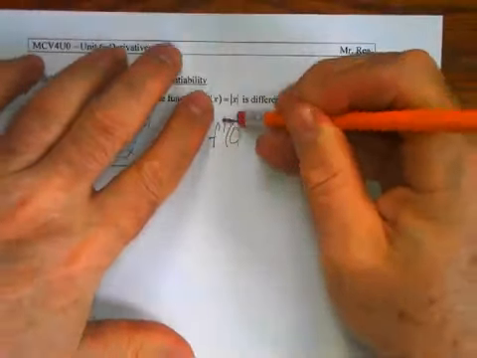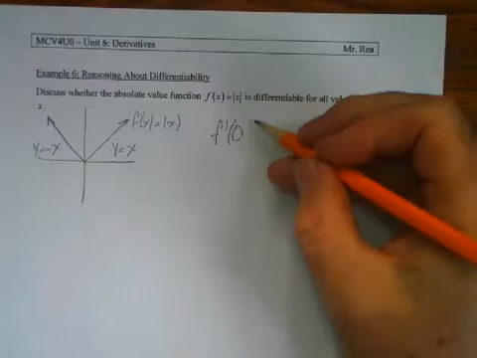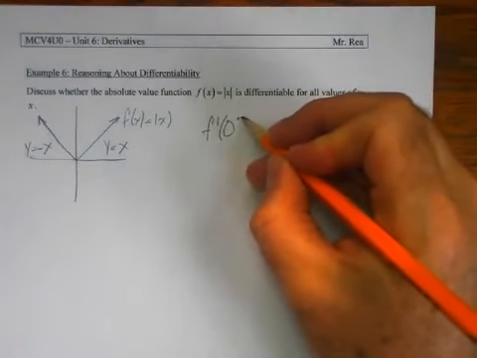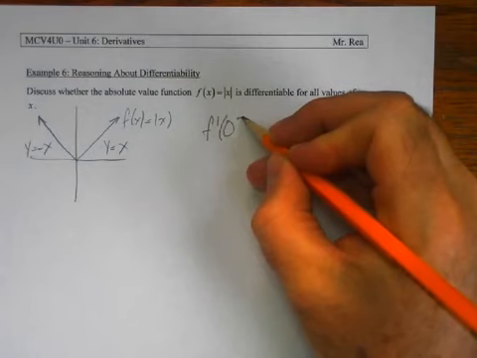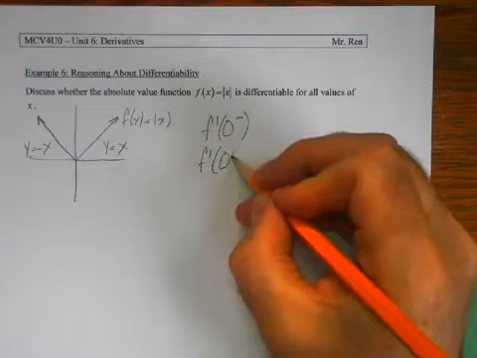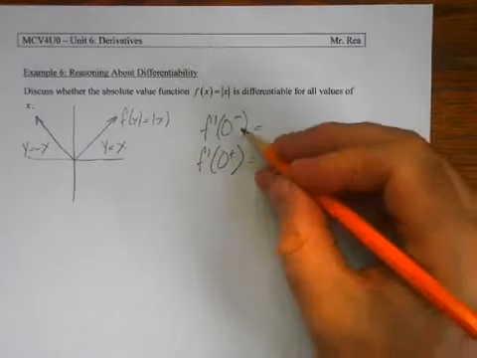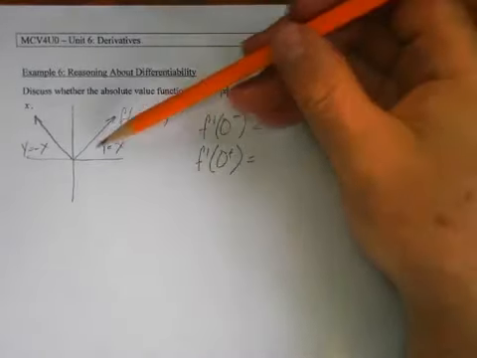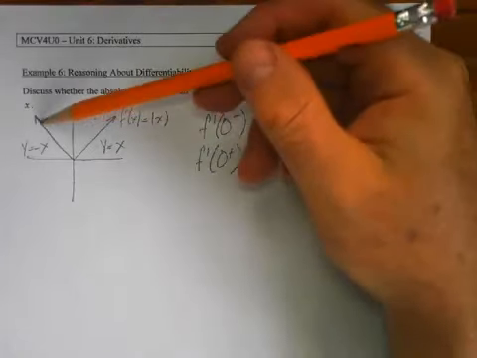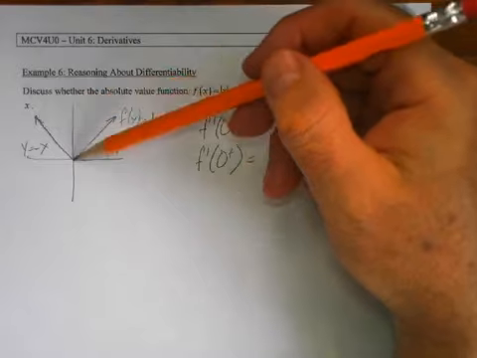So as we're coming from the negative side, we're going to do that. Also coming from the positive side of 0, what is the derivative as we're approaching from both sides? So in this case, let's do this one first. As you're coming from the negative side towards 0, you can see that the slope of the tangent is going to be -1.